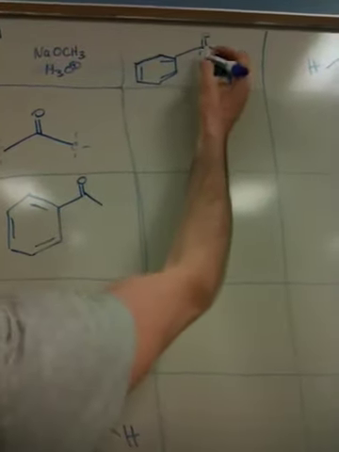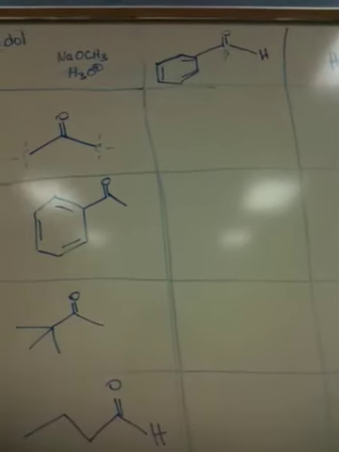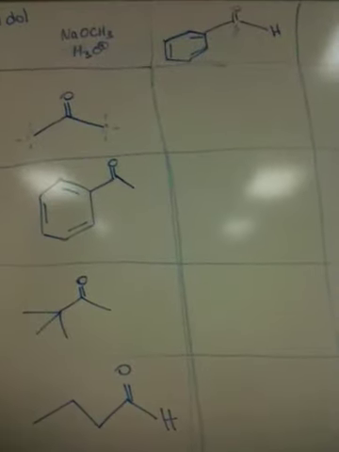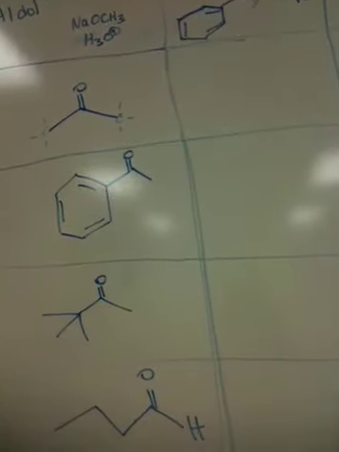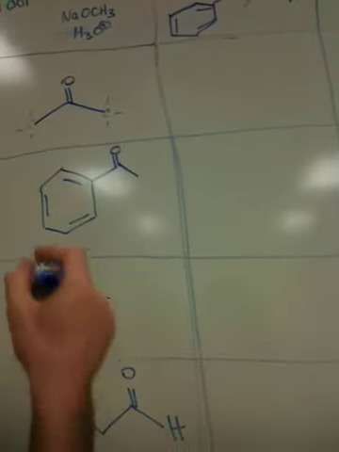Therefore, this must be beta. Alpha goes to beta. It's literally that simple, most of the time actually. It's always alpha going to beta, but sometimes the double bond O makes an OH. I'll show you in a minute.